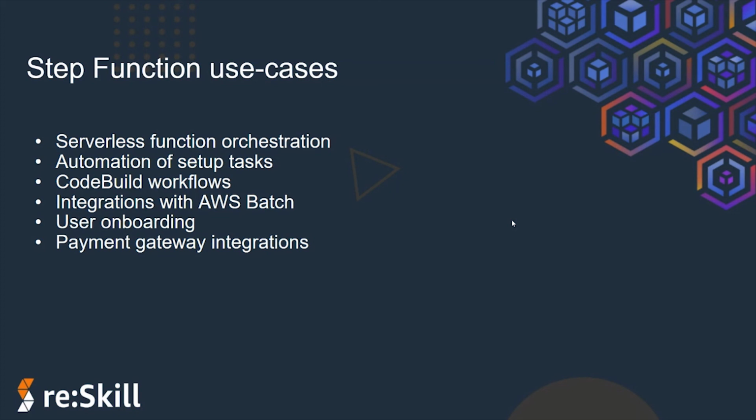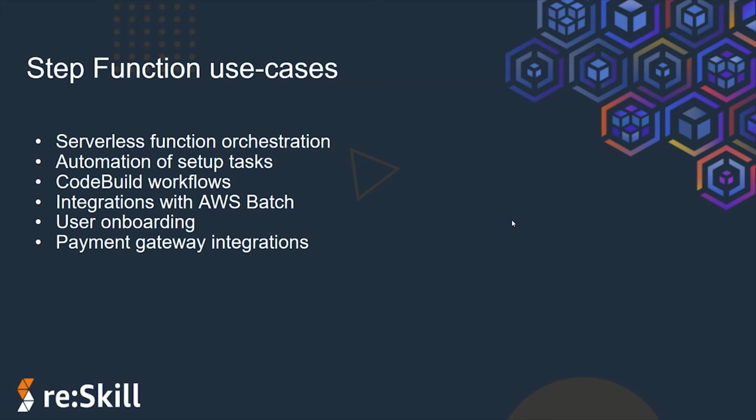It could be different automation of setup tasks. Say, for example, whenever a new user is being created in the AWS account, you would have to rotate the credentials or perform certain IAM actions. All of those things could be automated with Step Functions execution.